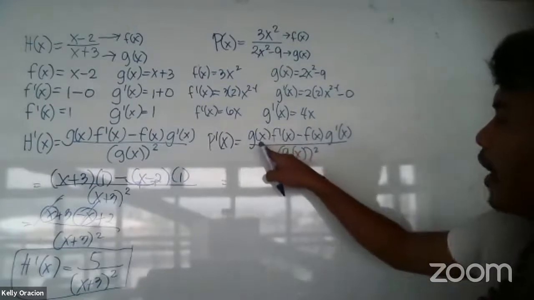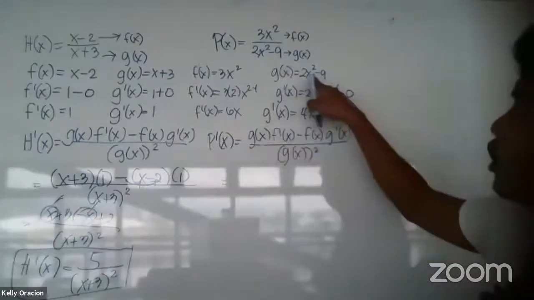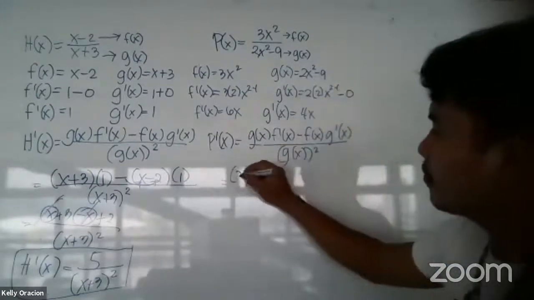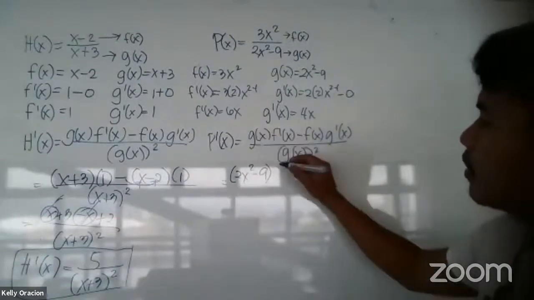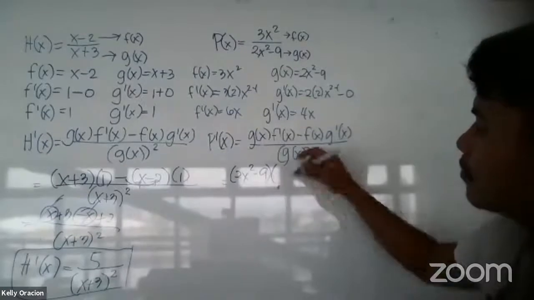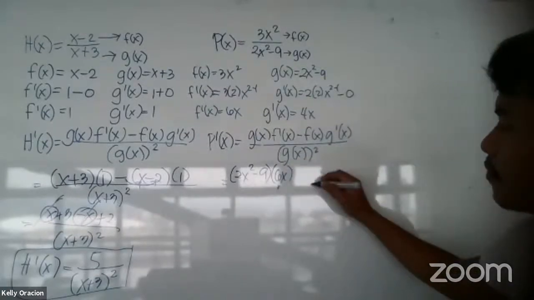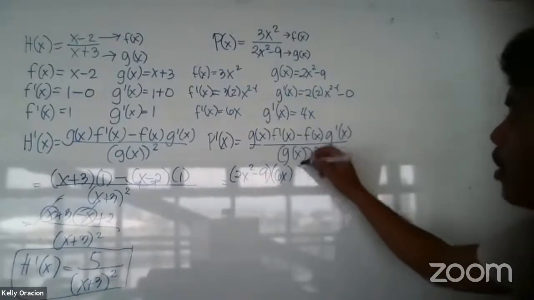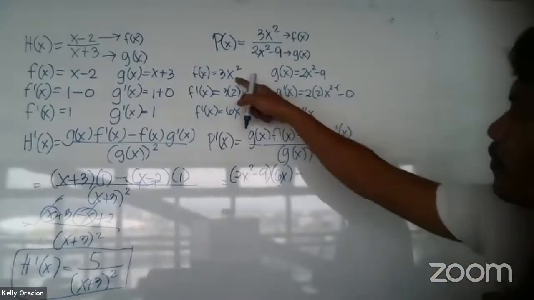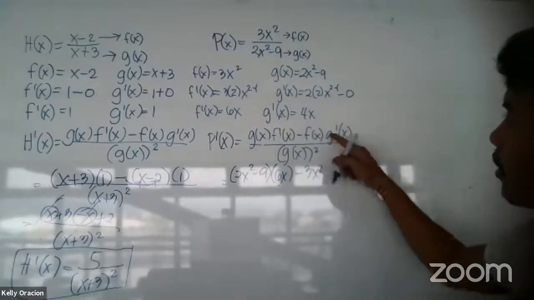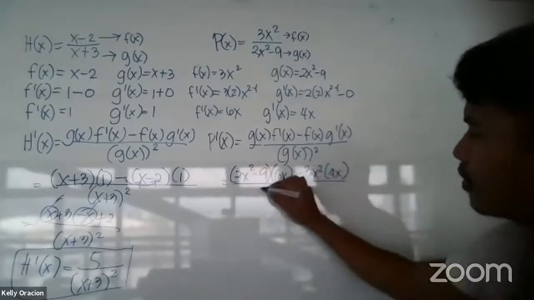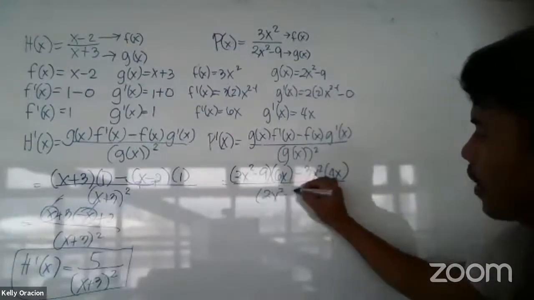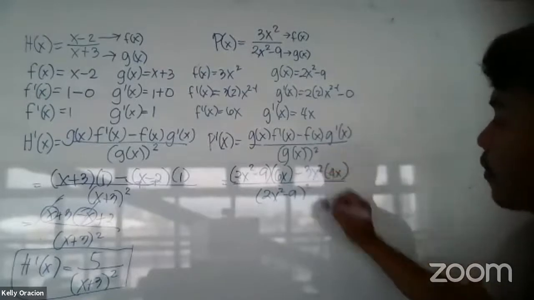G of x, 2x squared minus 9. F prime x, 6x. Minus f of x, 3x squared, g prime x, 4x. Over 2x squared minus 9, squared.